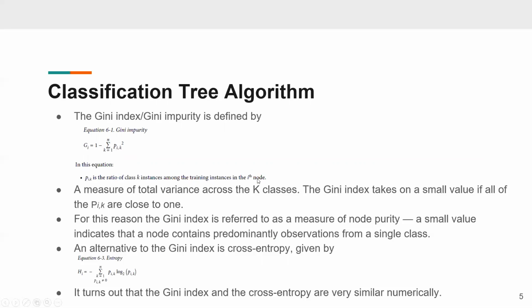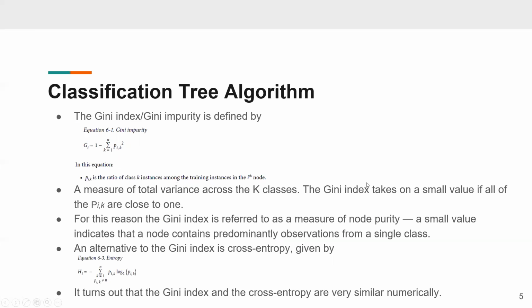So for a specific ith node, we want to see what percentage belongs to each class, each categorical value. If you have 3 classes, for example, you have 3 ratios in that node, and you use 1 minus those 3 ratios squared to get your G_i.